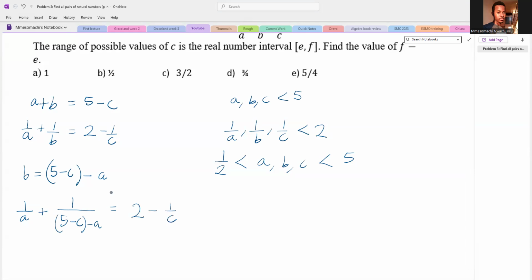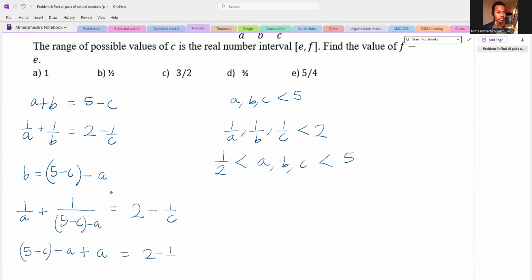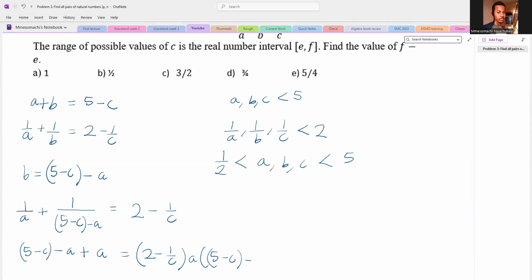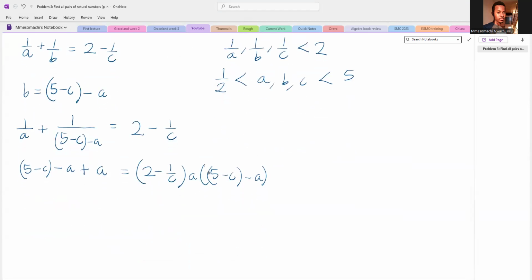Okay, so we can multiply through by 5 minus C minus A times A. That gives us 5 minus C minus A plus A equals 2 minus 1 over C, times A, times 5 minus C minus A. So what do we have here?